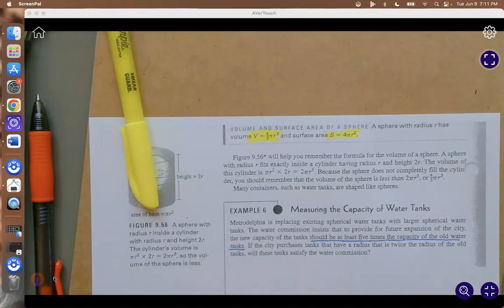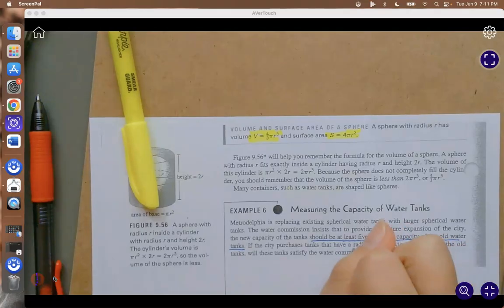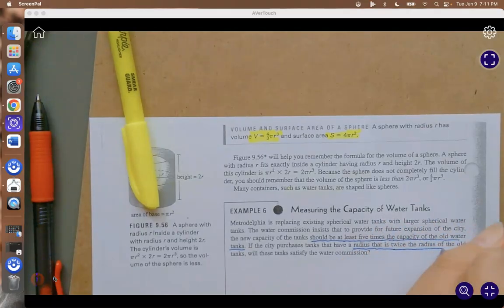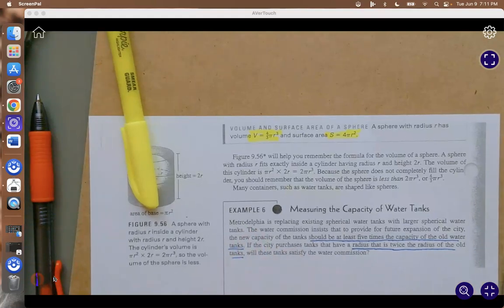If the city purchased tanks that have a radius that is twice the radius of the old tanks, will these tanks satisfy the Water Commission? So what you need to do is just pick a number for a radius and double it and see if that gives you a number that's 5 times the old tank's volume.